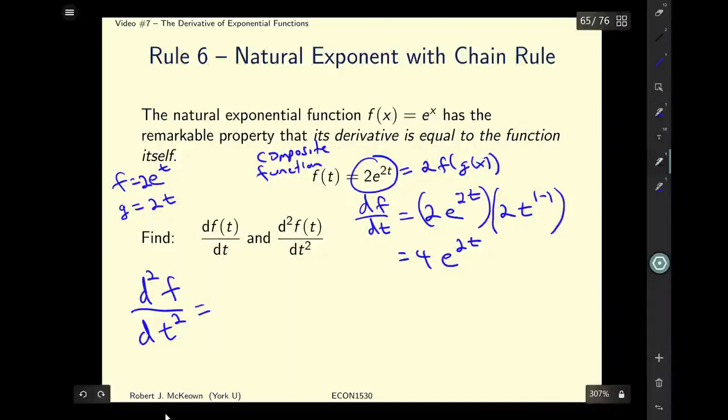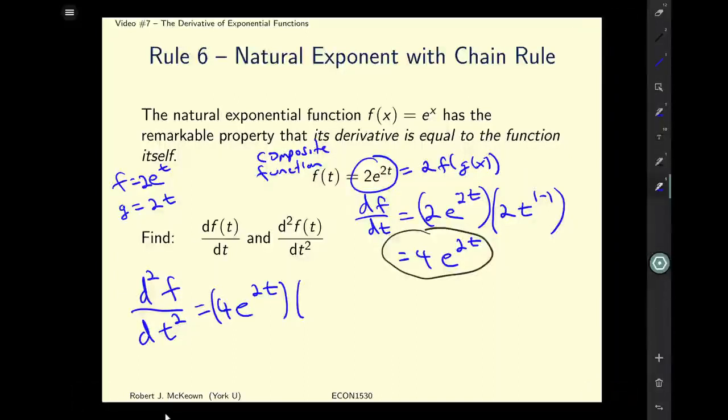Well, I'm going to take the derivative of the first derivative, and we're going to get 2e to the 2t multiplied by the derivative of the kernel, the interior function, and we get 4 times e to the power of 2t.